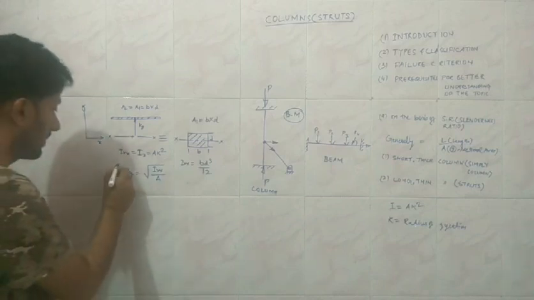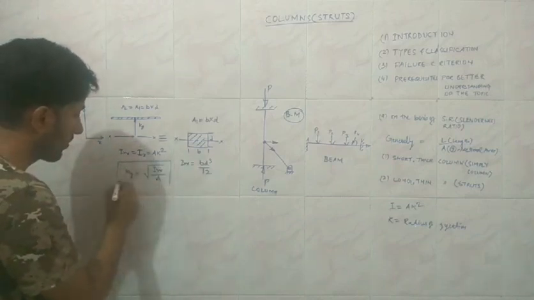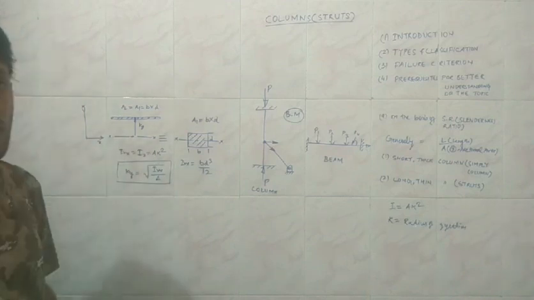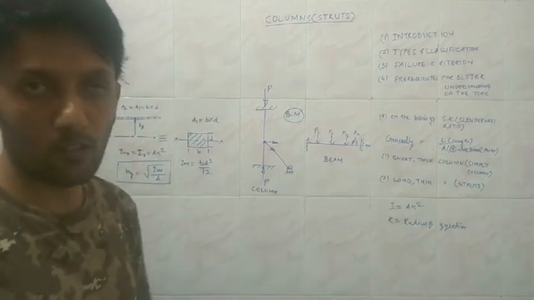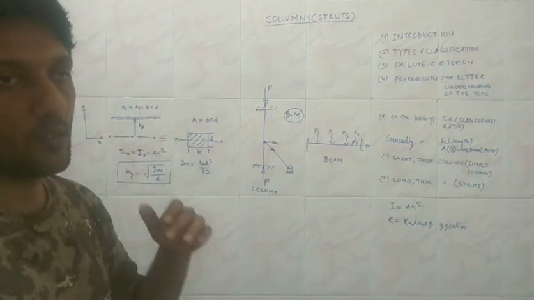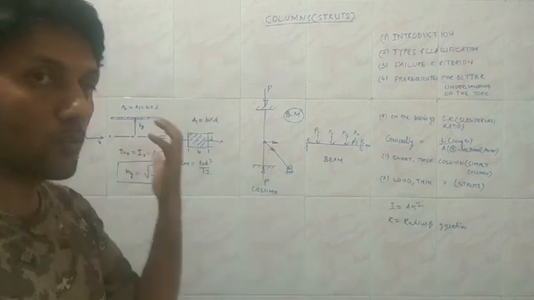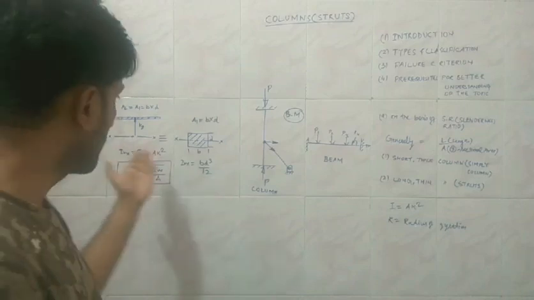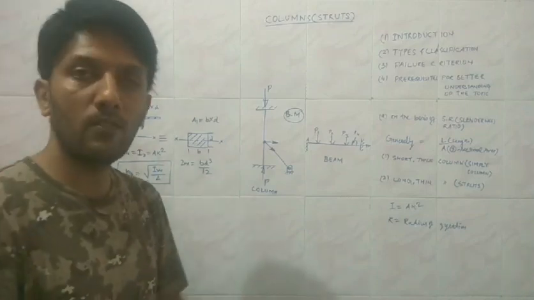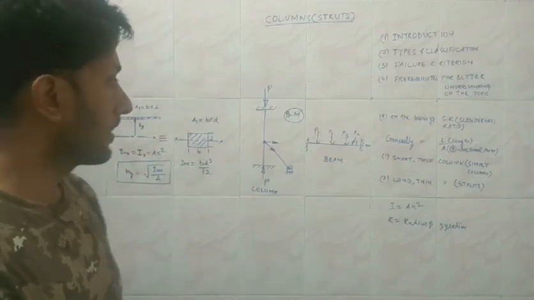So this is how we find the value of Ky, the radius of gyration, which is a hypothetical concept. That is the radius at which the entire area is assumed to be concentrated, so that the hypothetical system and the actual system have the same moment of inertia.